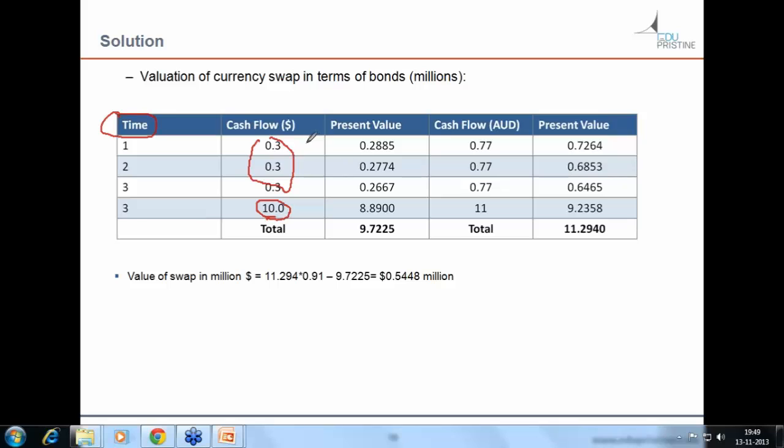We take out the present value of these swaps using the USD and Australian interest rates given.